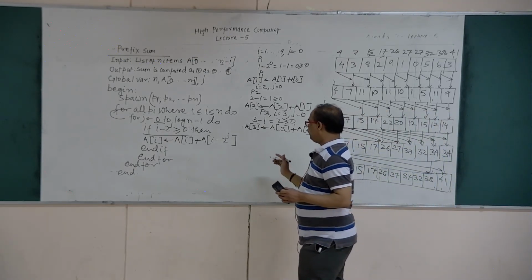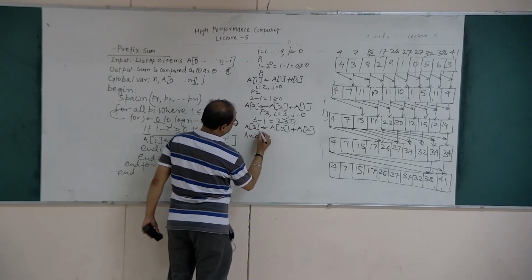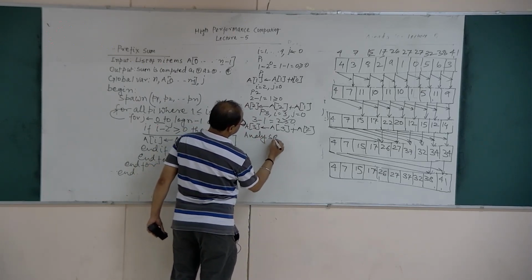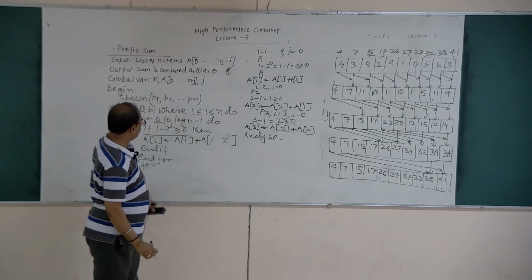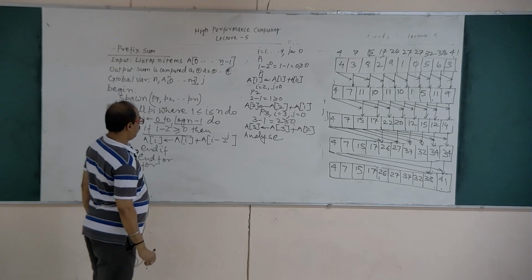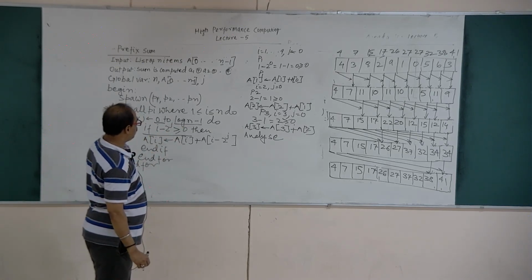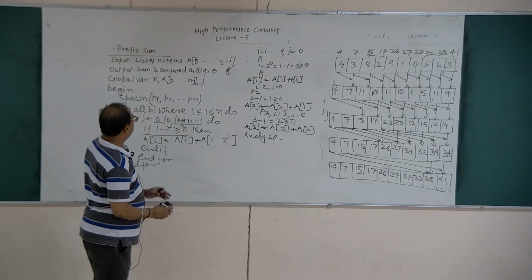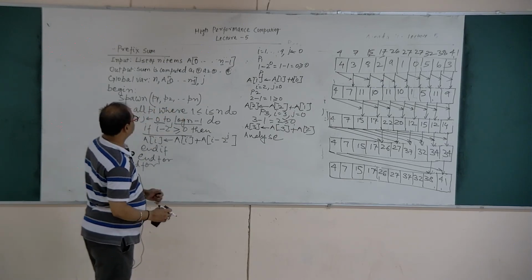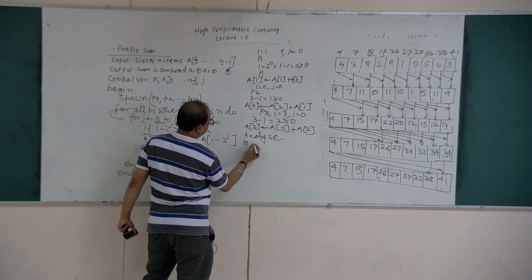And now we analyze the algorithm. You can see the j loop is performing a logarithmic number of operations, log n.